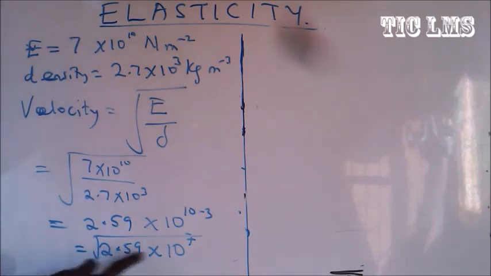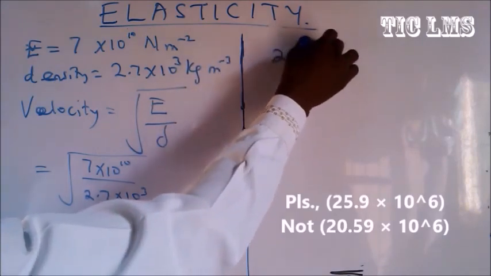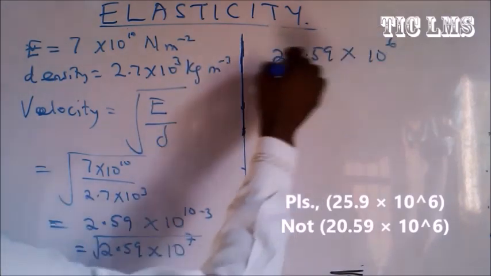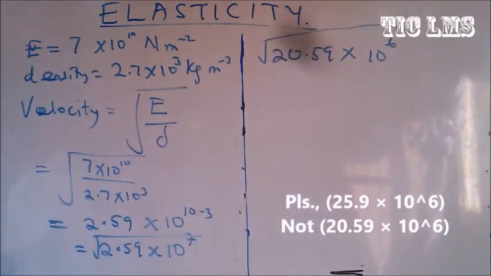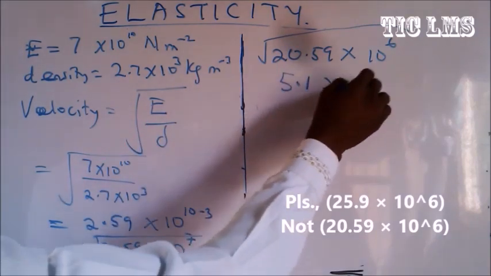So next, to find the square root of this, we could make this 7 an even number by taking 1 from here and bringing it here. So it will become 20.59 times 10 to the power of 6, and then the square root of all this. The square root of 20.59 gives 5.1 approximated times 10 to the power of 6.